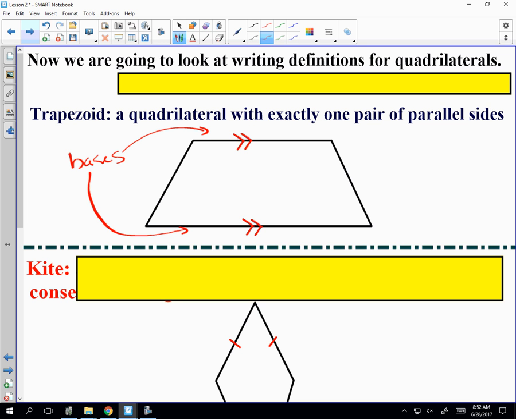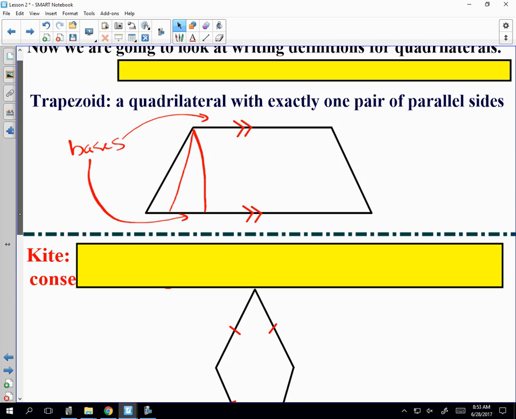It's the two parallel sides, but the other sides can cut wherever we would need them to cut to make a trapezoid. So we don't know about the lengths of the other sides, but what we know is it can cut anywhere, but we do have to have that parallel top and bottom.